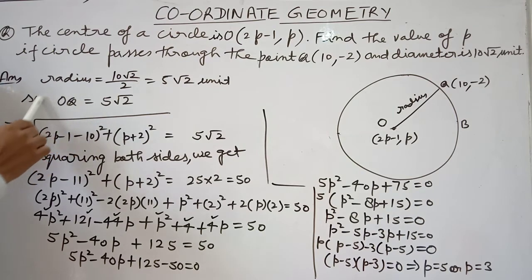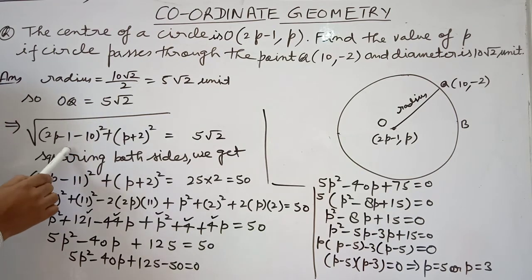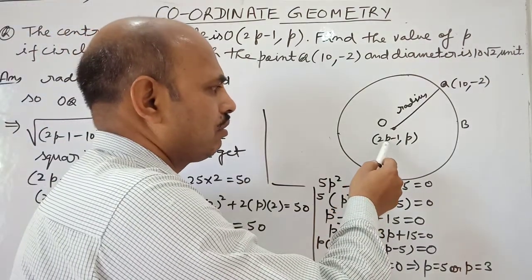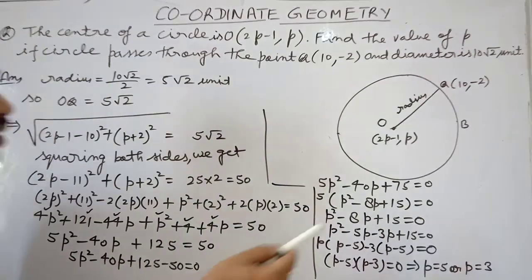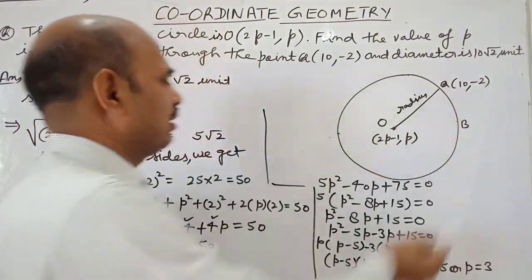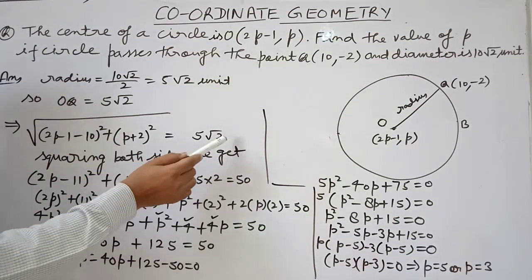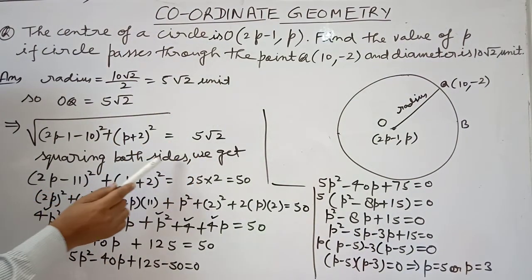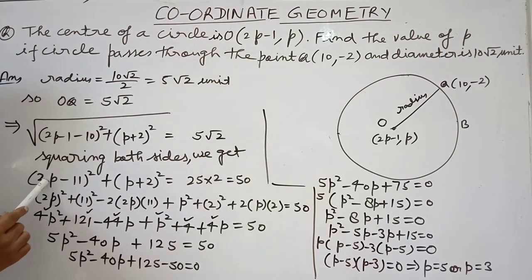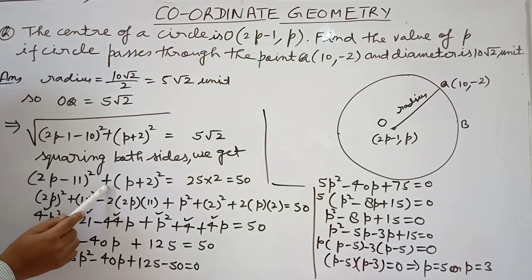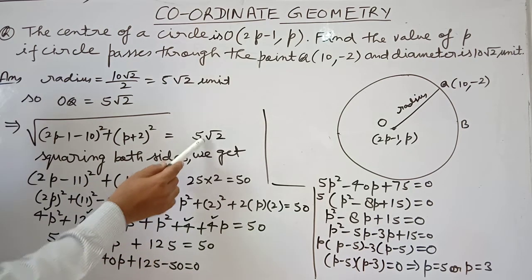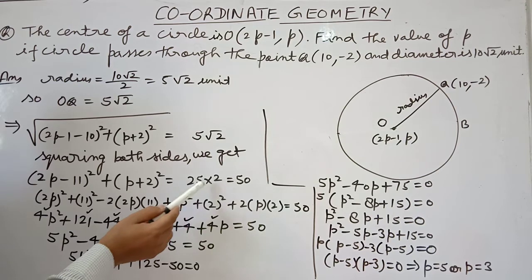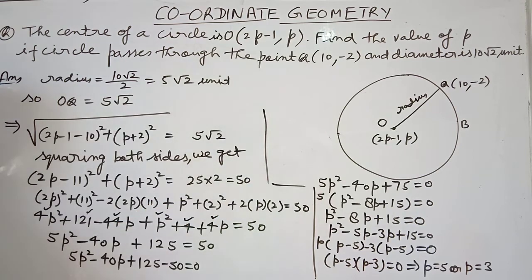Find OQ by using the distance formula: square root of (x1 minus x2) whole square plus (y1 minus y2) whole square. So (2p minus 1 minus 10) whole square plus (p plus 2) whole square equal to 5 root 2. Squaring both sides, we get (2p minus 11) whole square plus (p plus 2) whole square equal to 5 square, 25, root 2 square is 2, 25 into 2 is 50.